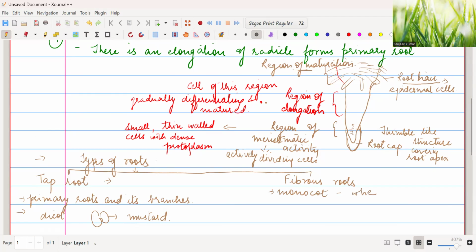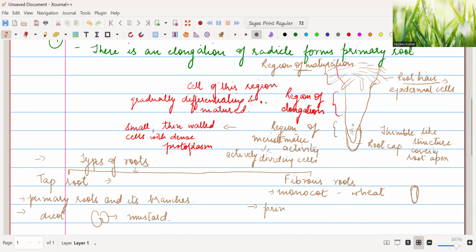Like if you see a wheat seed, what do we see? A single seed. Rice, we see a single seed. So it can't be broken into two cotyledons. So fibrous roots are the characteristic of the monocots. Now what is the character of the primary roots here?